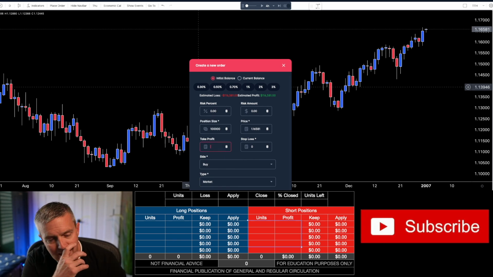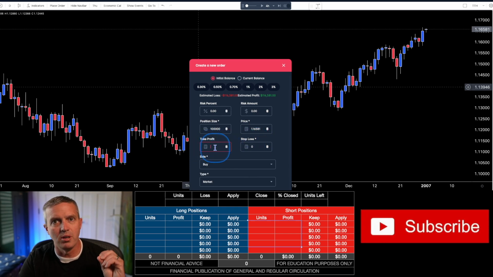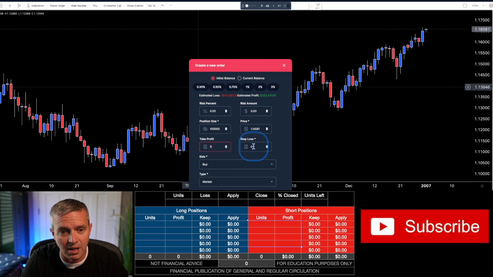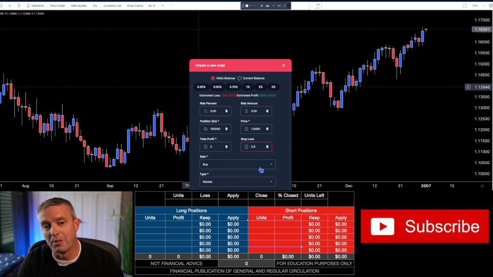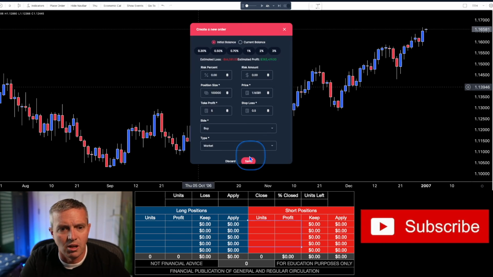Now, when you are using FX Replay, it requires you to put a take profit and a stop loss in. And so I put like an arbitrary number. So my take profit's going to be 5. My stop loss on this would be 0.5, something that won't come into play because my strategy is I'm going to protect this position with a hedge. So we are going to hit save on that.